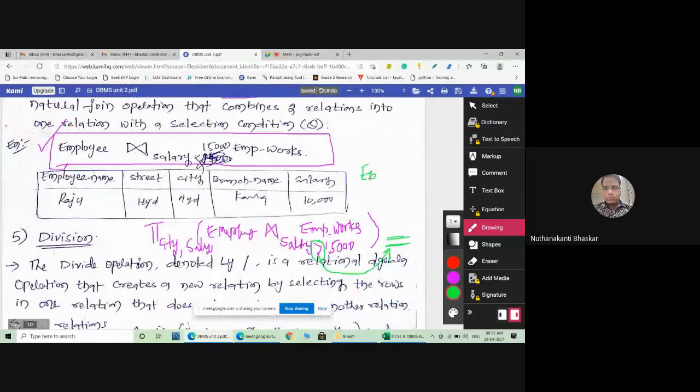It means it is an equal. Equi join. If you write the condition equal, that join is called Equi join. Clear this?